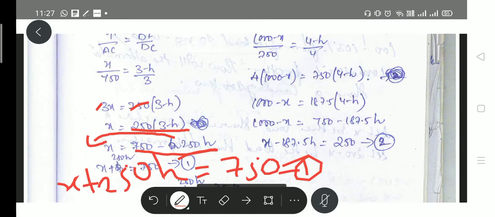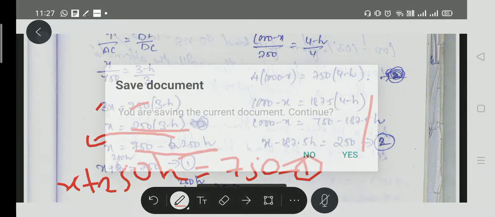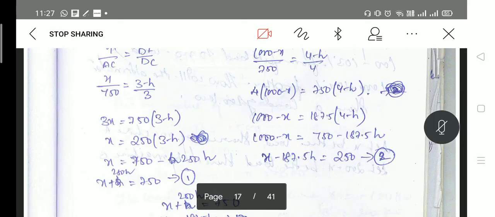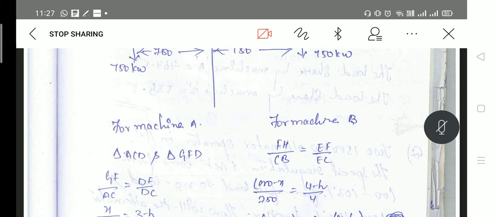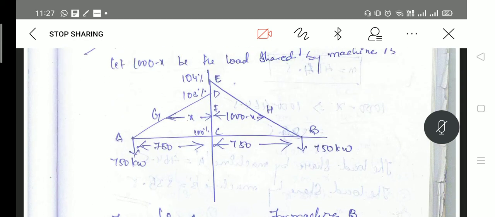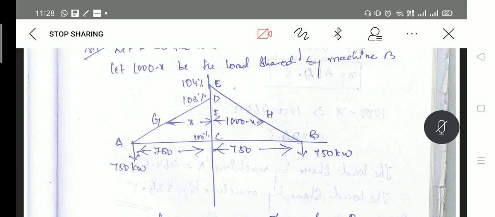Next I am taking machine B, same as before. So FH by CB equals EF by EC, here FH by CB and CE by ED, so it will be 4%.